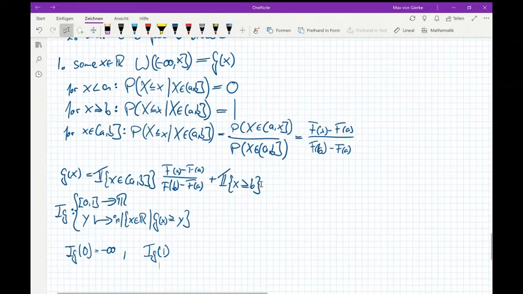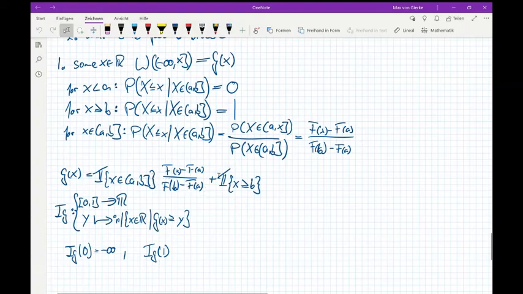So we know that this is smaller or equal than b, because if this is b, then we are in this case and we have 1. The question is, can we get some smaller x letting this admit 1?